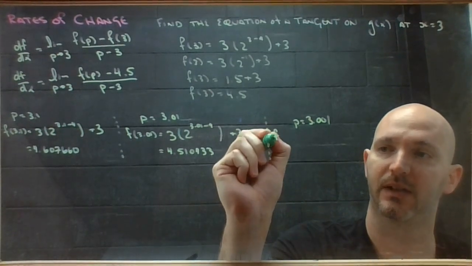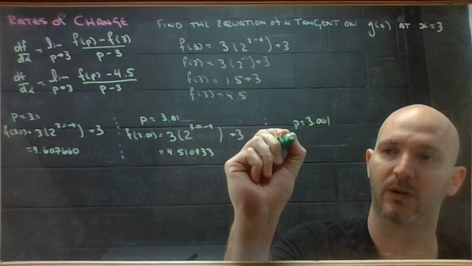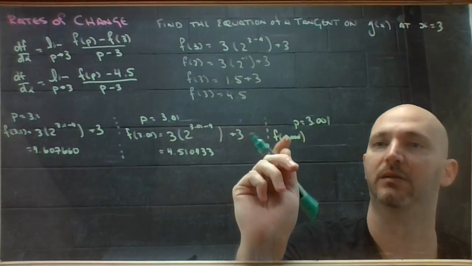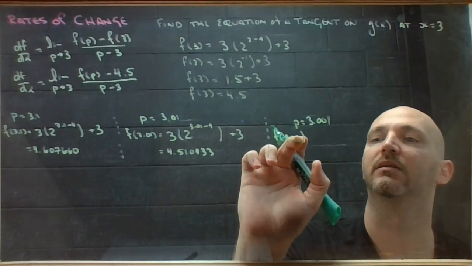And the last one, I need the function at 3.001. No overzealous there.